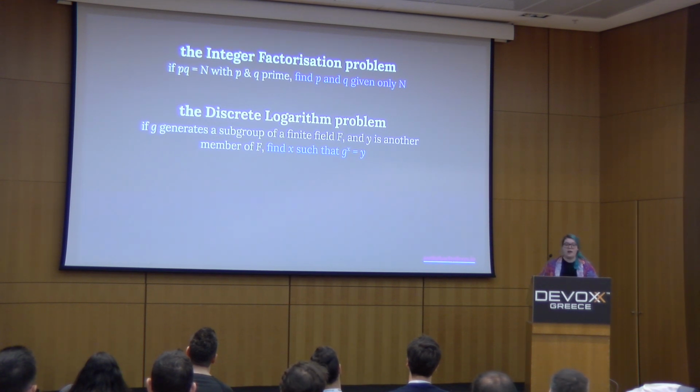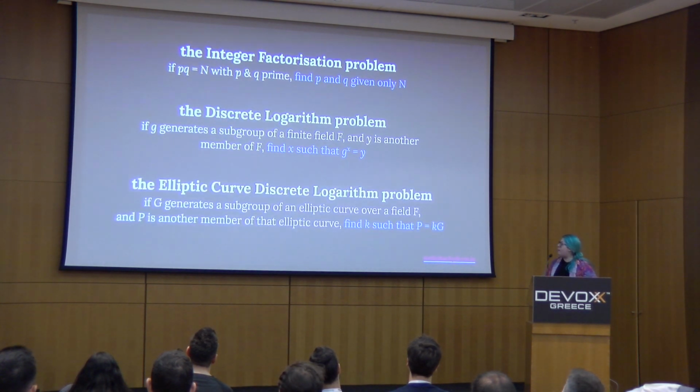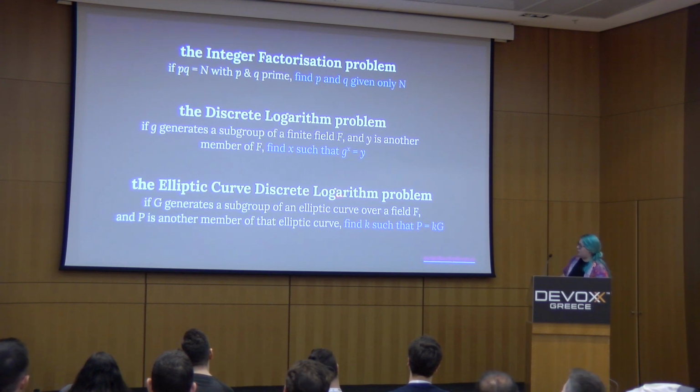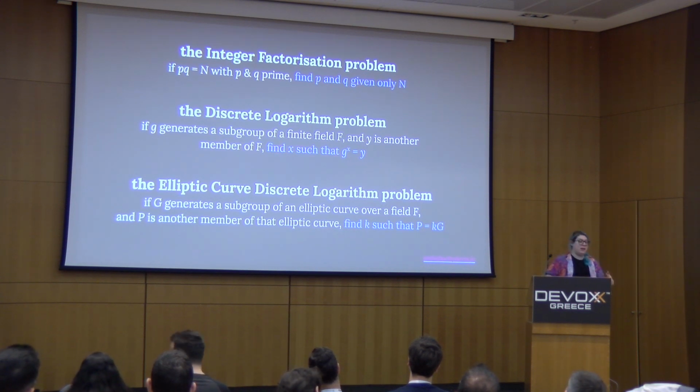It's really hard to find the order of an element within a group. There's a specific version for the elliptic curve, but it's the same problem, specific to elliptic curves. These are hard maths problems that power asymmetric encryption. If we could solve these, we could break asymmetric encryption.